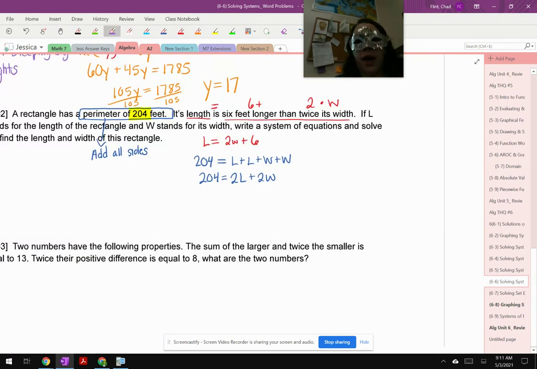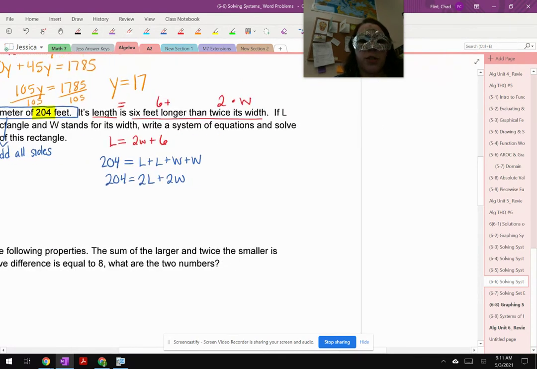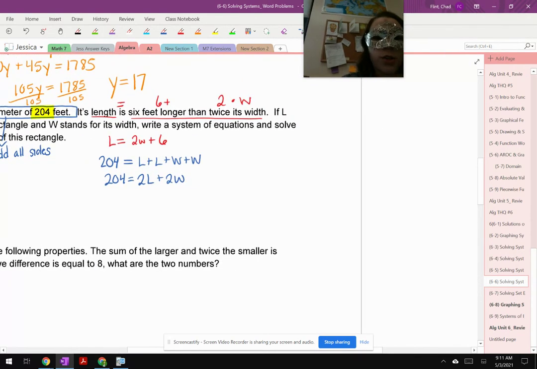And you can go ahead and pick out whatever method you would like to solve these. Just like the first one, our L, our length, is already isolated, so I'm going to use that when I'm solving my equation here. So I'm going to take that 204 is equal to 2L plus 2W.